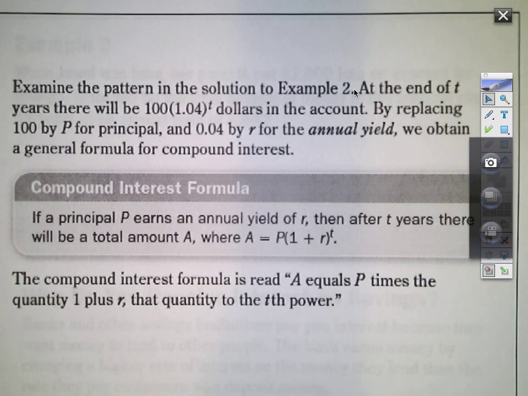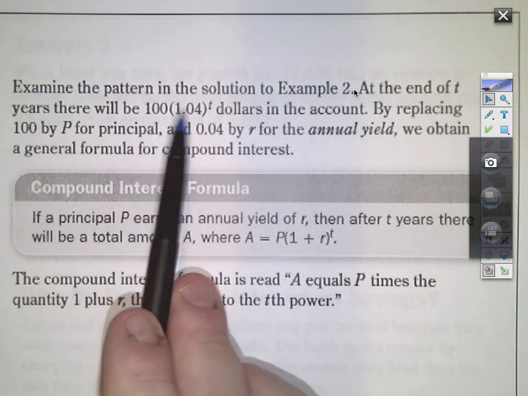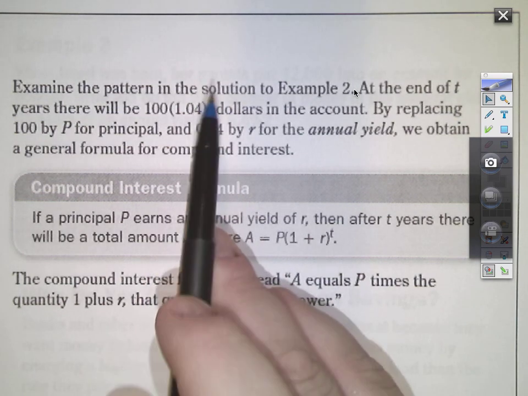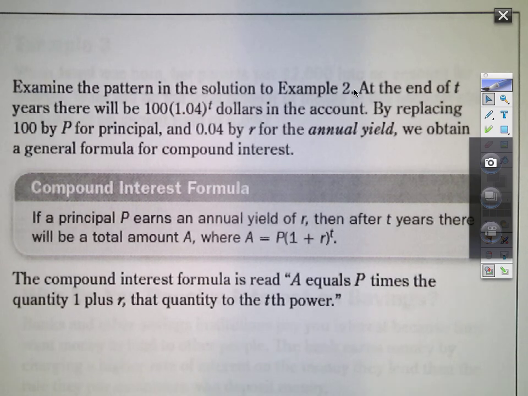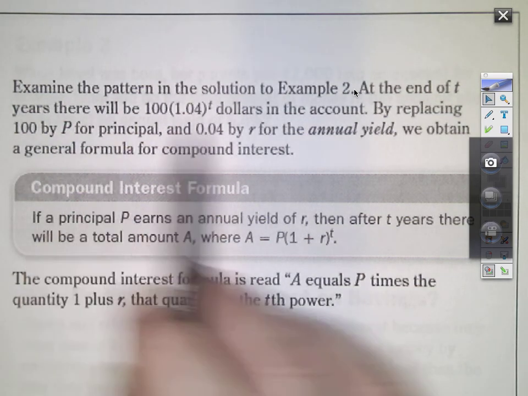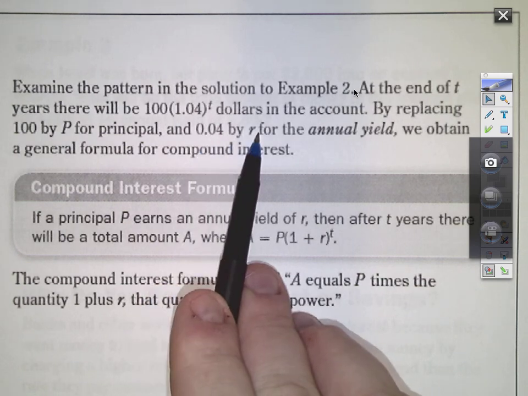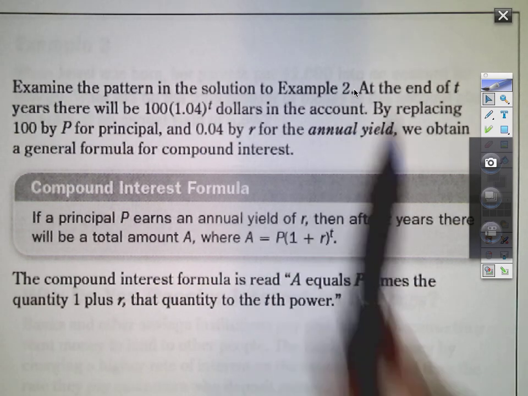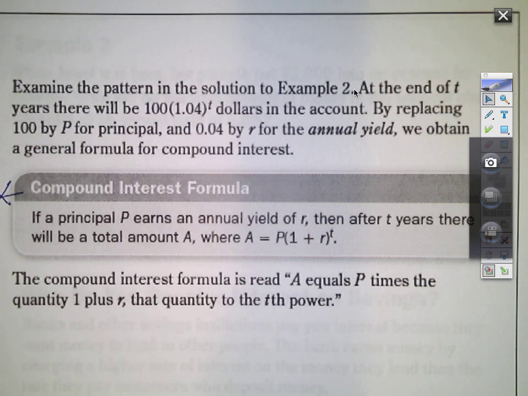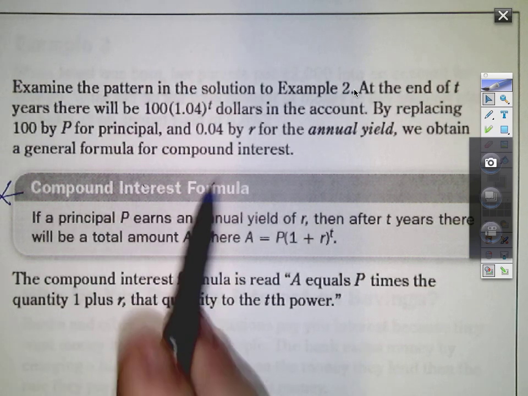Moving on. Looking at the pattern in the solution to example 2, at the end of t years, there will be 100 times 1.04. Remember, we kept on multiplying by 1.04 to the t power. That means it could have been 4 years, could have been 5 years, could have been 20 years. By replacing 100 by P for the principal and 0.04 by r for the annual yield, they came up with this general formula, which you need to memorize.